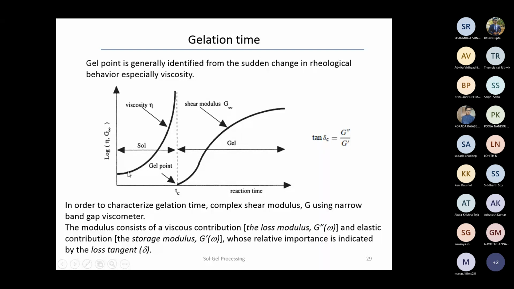I missed another important point. Initially it is a precursor, and the precursor is a clear solution, because the precursor is nothing but a metal nitrate in, let's say, some solvent. If you put NaCl in water, it will be a solution. Then with time, first, evaporation of the solvent is happening.